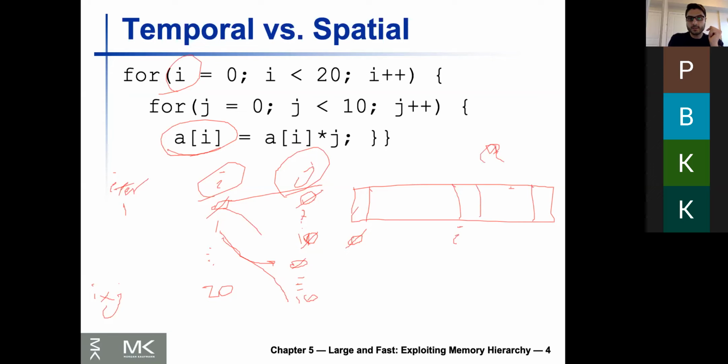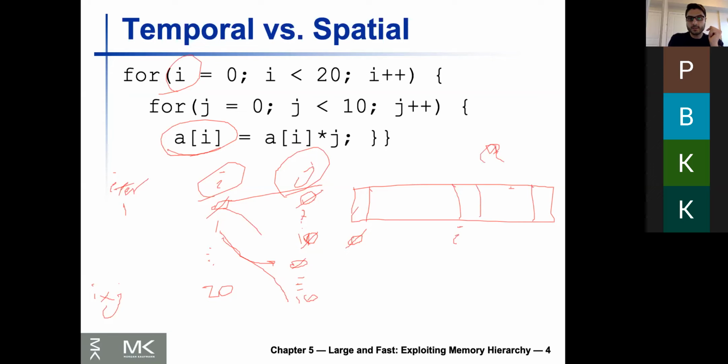However, spatial means those that are contiguous, right? So think about this array as a chunk of memory you're writing to. At each of the iterations, when you're updating I, you want to access I minus 1 or I plus 1.